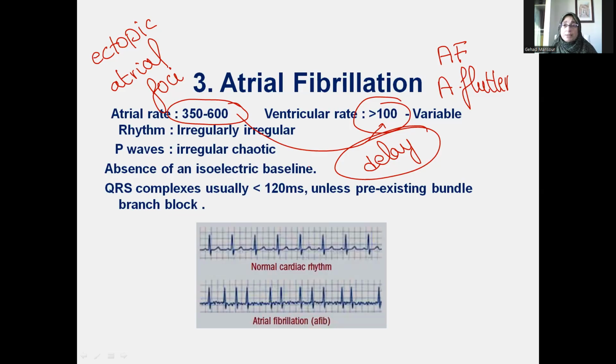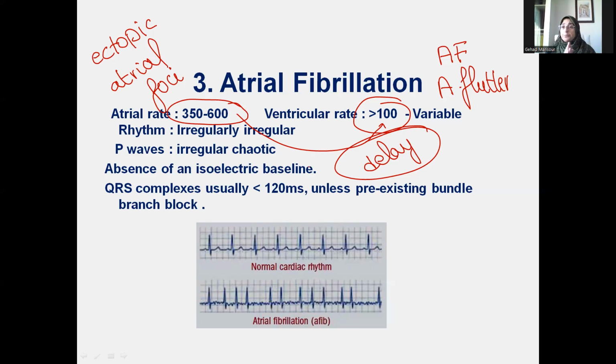The only difference is that in atrial flutter, you have a very definite, regular pattern, 2-to-1 block or 3-to-1 block. In atrial fibrillation, there is atrioventricular block. There is protection of the ventricles. The atria are beating at a rate that is different from the ventricles. The atria are beating at a much higher rate than the ventricles, but the only difference is that the rate is irregular.